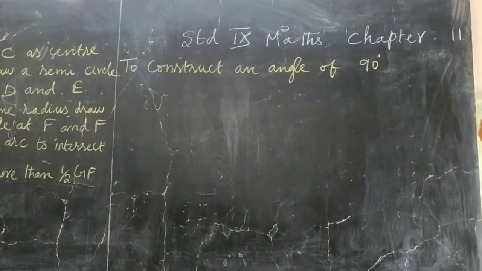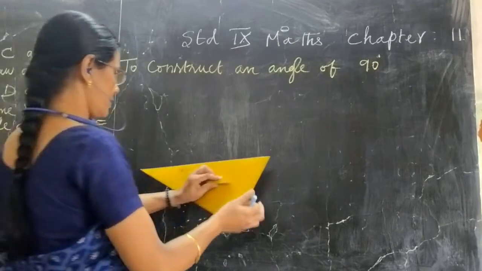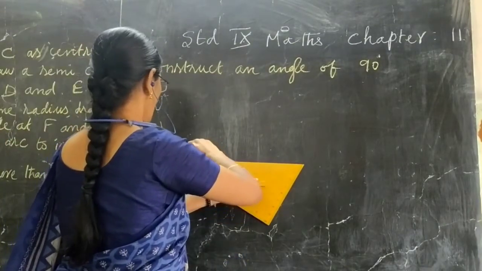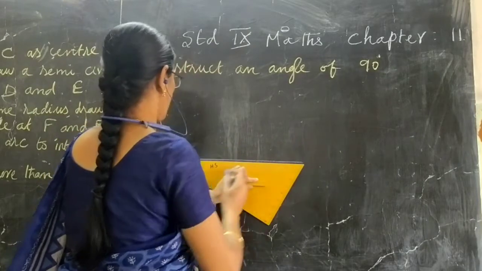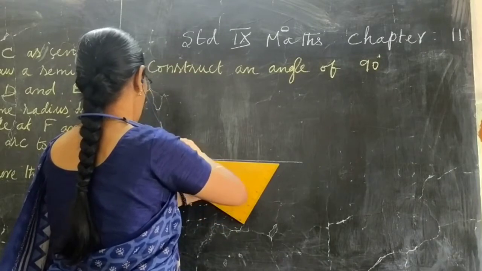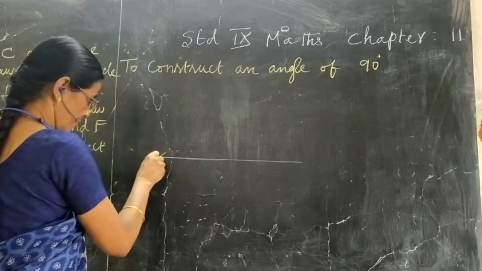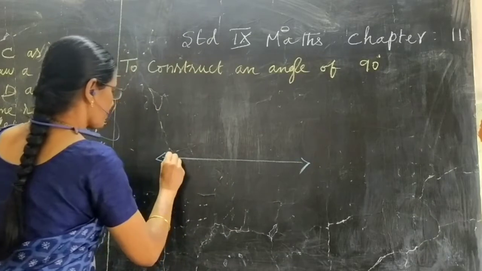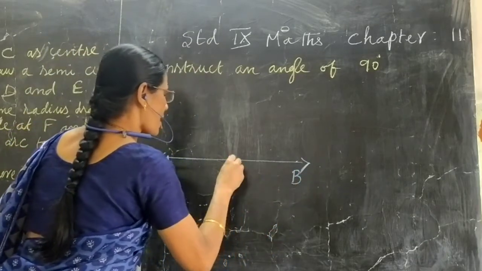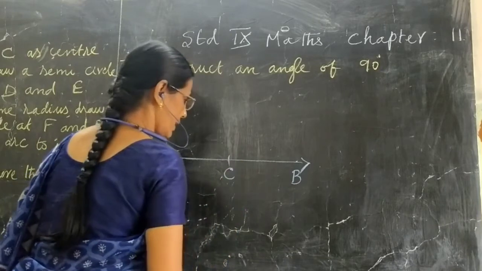Now we are going to construct an angle of 90 degree. To construct an angle of 90 degree, we are going to draw a line. Let us name the line as AB. And we are going to mark a point C on the line AB.